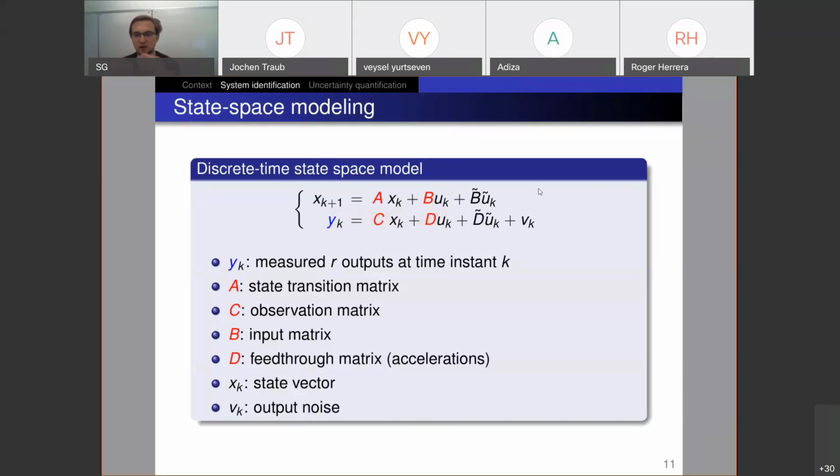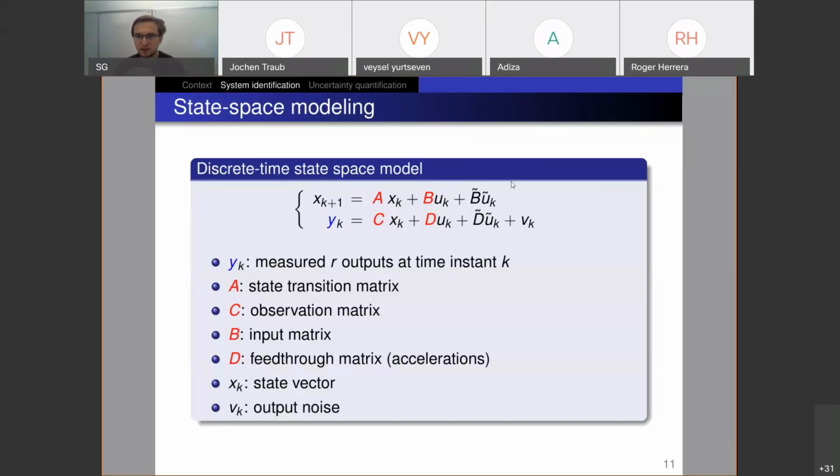There are several very important matrices that we'll be identifying from data. The first and utmost important is the state matrix, denoted as A here, that models the dynamic evolution of the states. The input matrix B acts on the inputs U, and it transforms the inputs to our internal states.